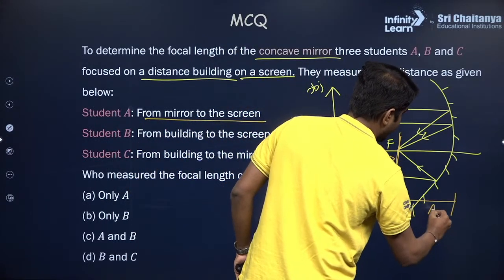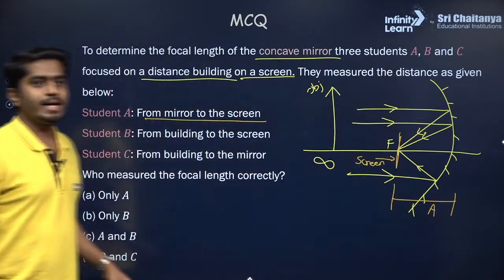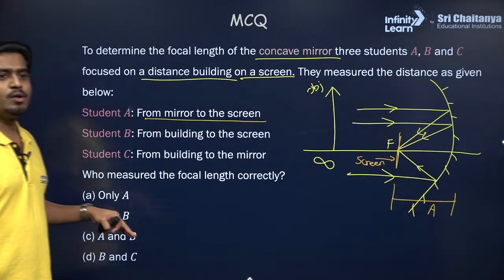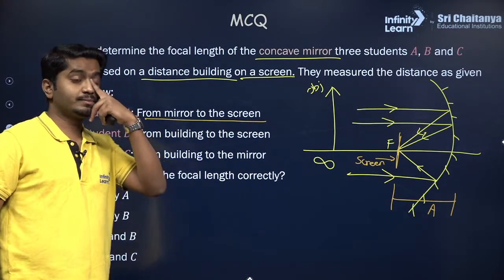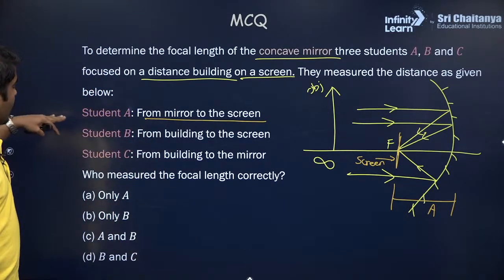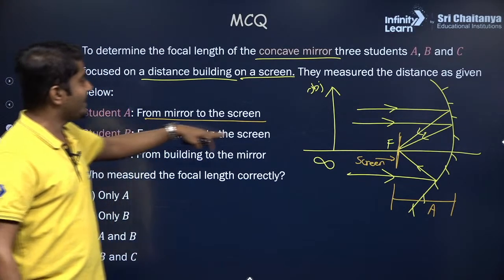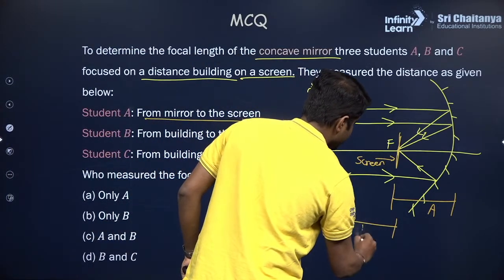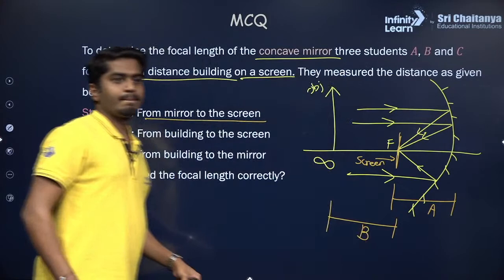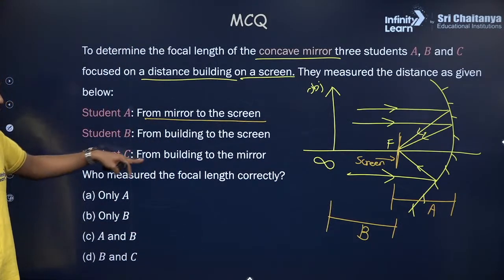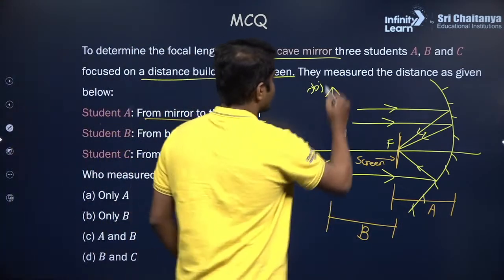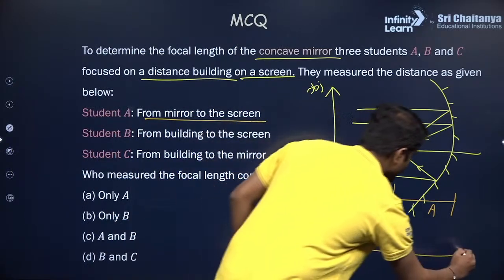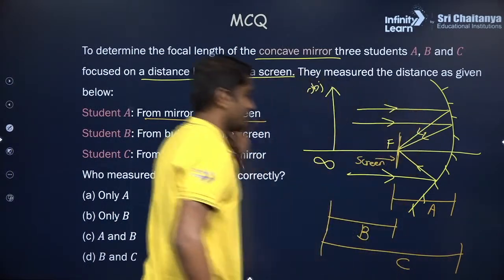This is A. Yes Dhruv, what is your doubt? Now the second student, from building to screen. So student B is measuring this distance. And student C from building to the mirror. So he is measuring from the building to the mirror.